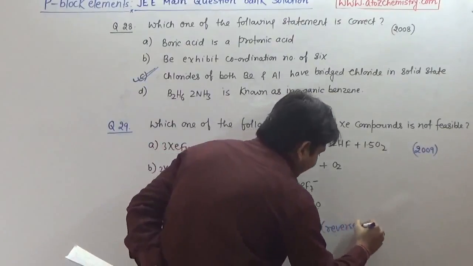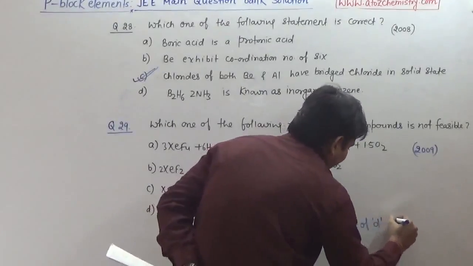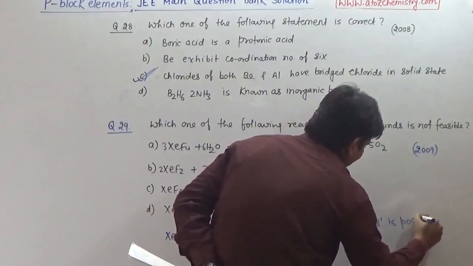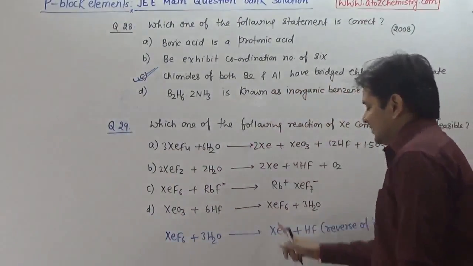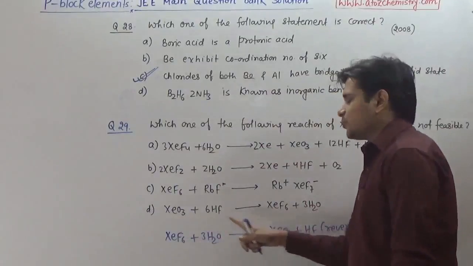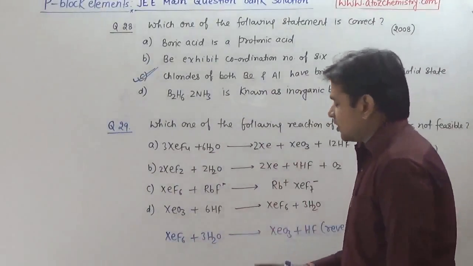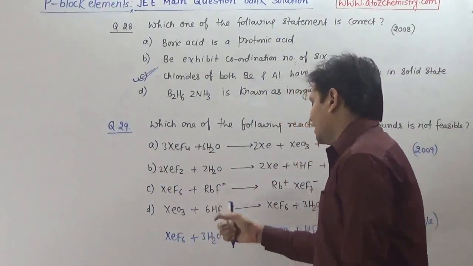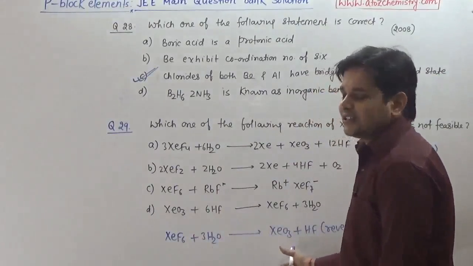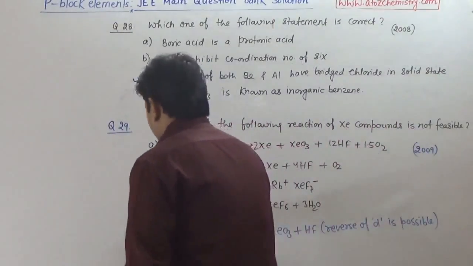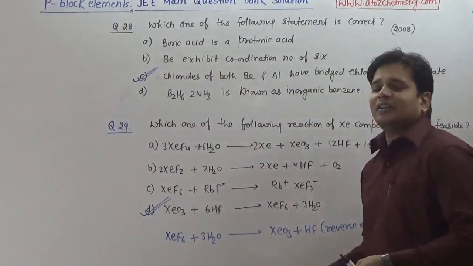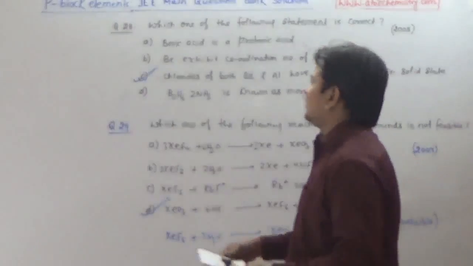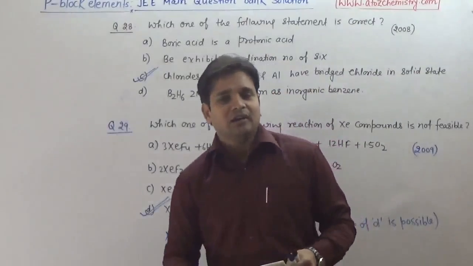The reverse of D is possible, and hence option D is the incorrect option, because the reverse reaction of the spontaneous reaction is given. So this reaction is not going to happen. So these are the questions asked by JEE Main in P block elements that we have solved from 2004 to 2009.